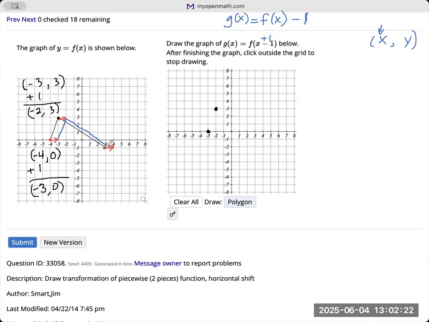Then last but not least, we take the last point. It's located at 3, -1, and I'm going to add 1 to the x coordinate, and that becomes 4, -1. So I go to 4, -1, and there you go. So that's all you have to do to get that one right.